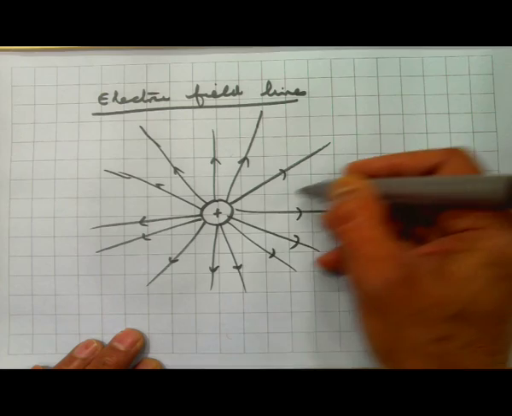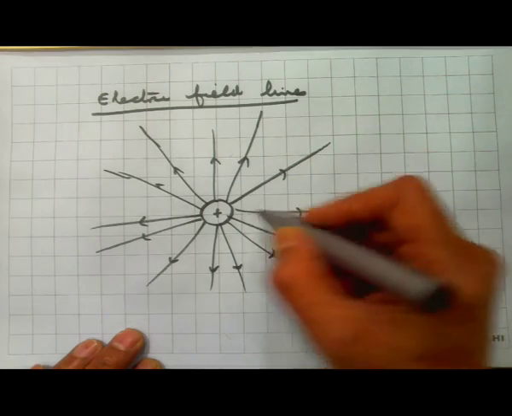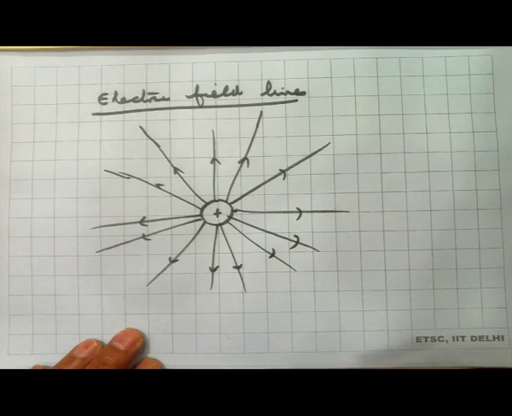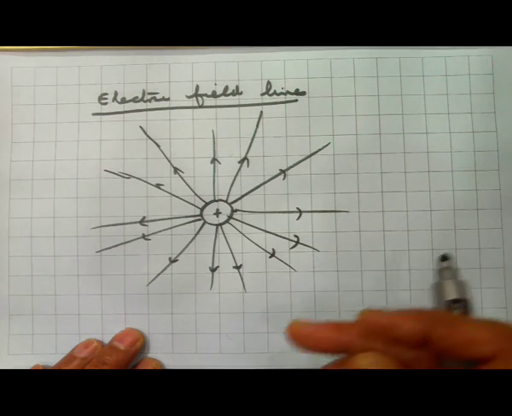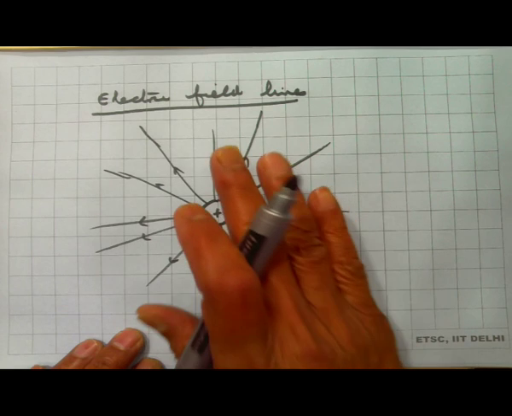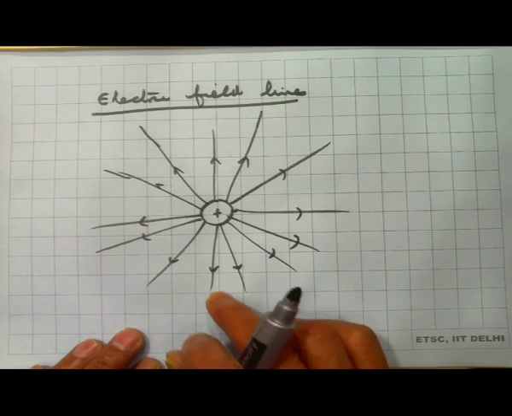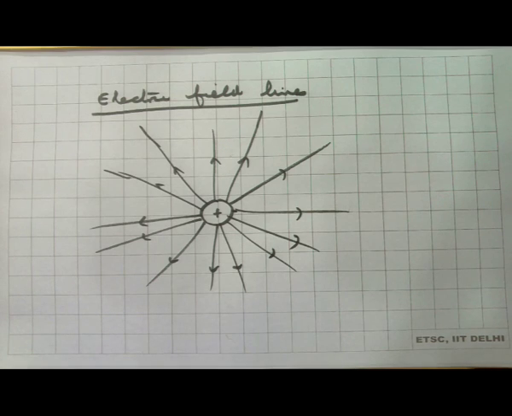As I come closer to the charge, the field lines are getting closer together, and that means the electric field is getting stronger and stronger. Now, this is a two-dimensional representation. To get the complete three-dimensional picture, I must rotate this figure. That means I will have a sphere with pins coming out in all directions from the sphere.